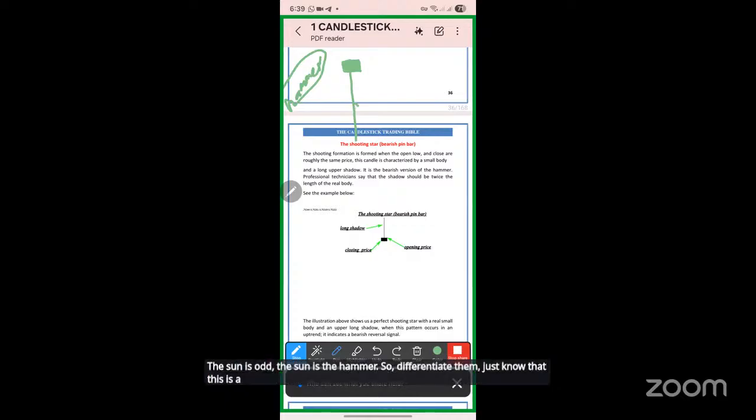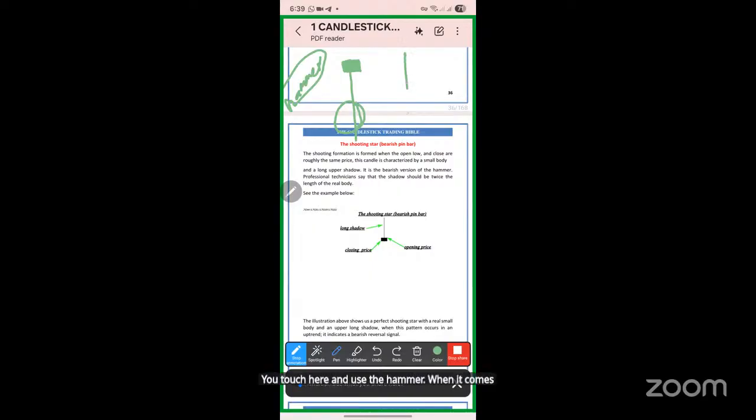When it comes to the pin bar, it is always like this, okay? It's the opposite. The shooting star, the bearish pin bar. So this one is the shooting star. The opposite of the hammer is the shooting star.